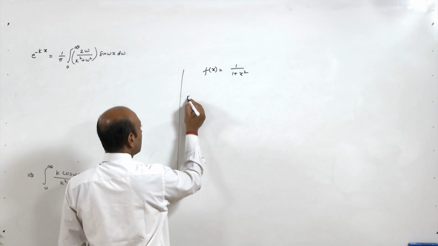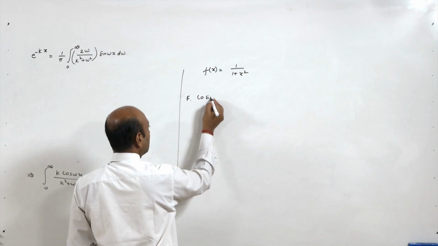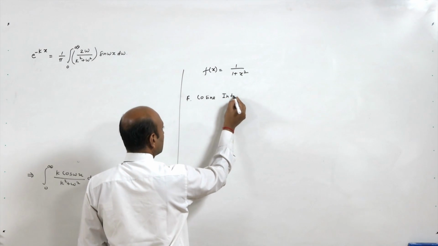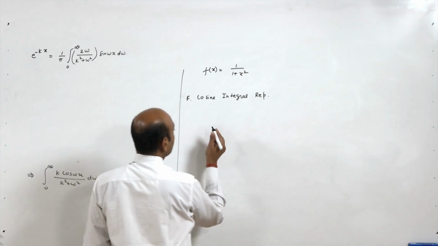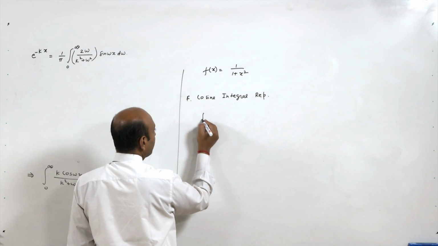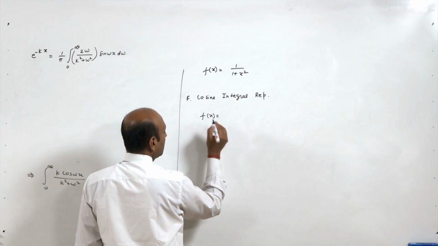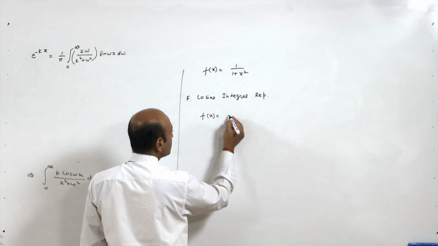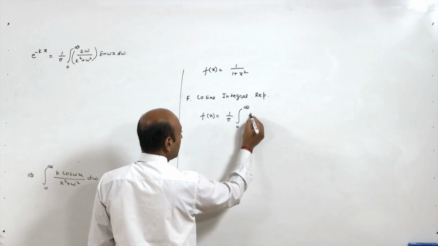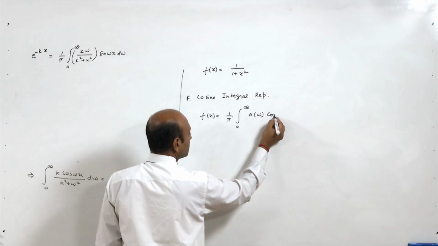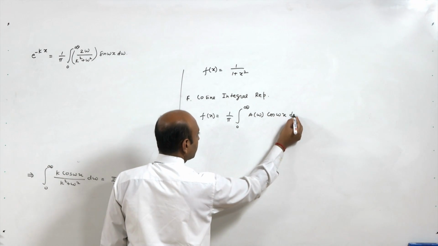So, the Fourier cosine integral representation of this will be nothing but f(x) will be equal to 1 upon pi times integral 0 to infinity a omega cos omega x d omega.